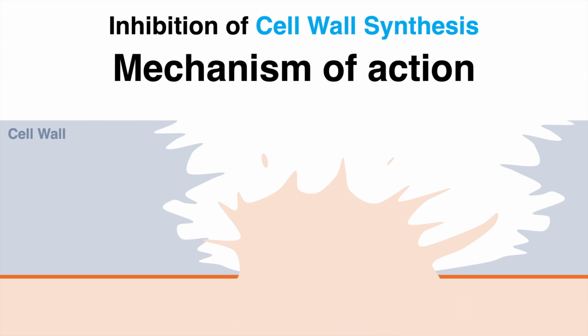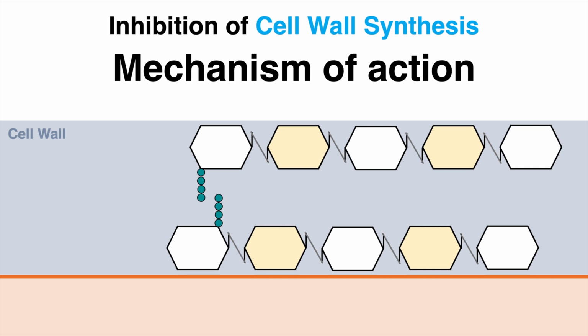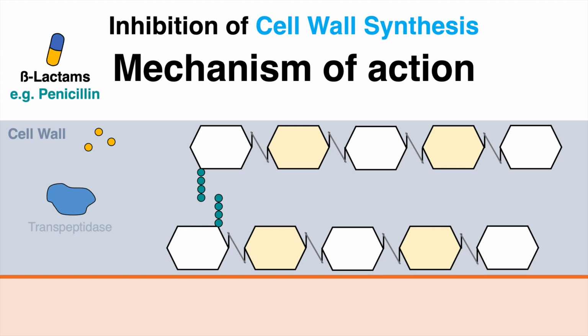But how is the cell wall synthesized? An enzyme called transpeptidase catalyzes the reaction necessary to cross-link peptidoglycan. This mechanism is the target of an antibiotic that we already know, penicillin. Penicillin belongs to the group of beta-lactams, and what they do is they inhibit the activity of the transpeptidase.